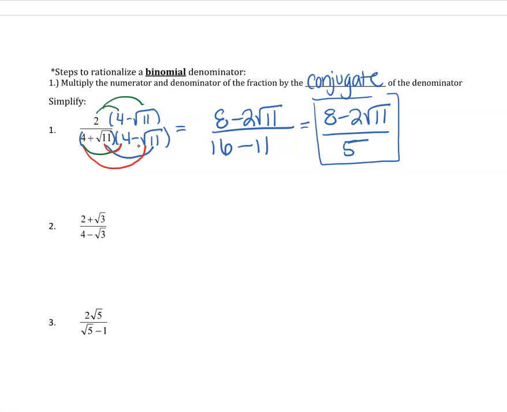That's the whole point. So if I come on down to number 2, I'm going to multiply top and bottom by 4 plus radical 3. Now in the numerator, these are not conjugates, so we're going to completely FOIL out like normal.